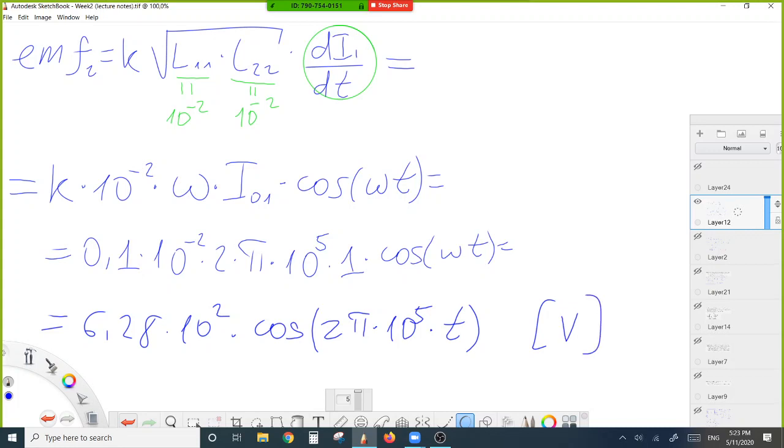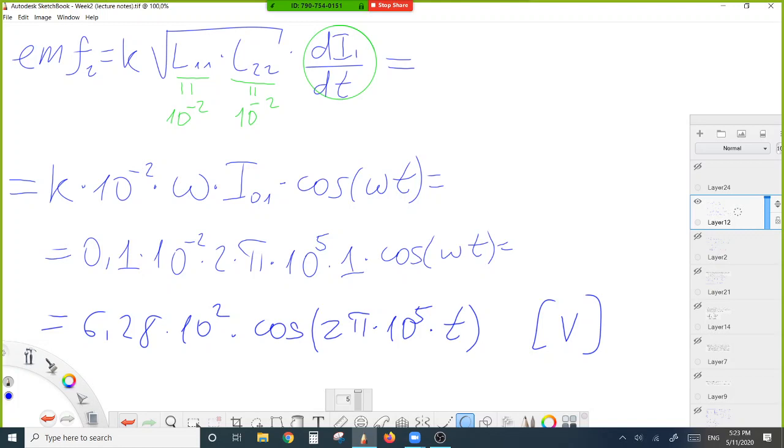We have found electric motive force in the secondary coil as well. This is equal to 628 cosine 2 pi 10 to the power of 5 t volts.